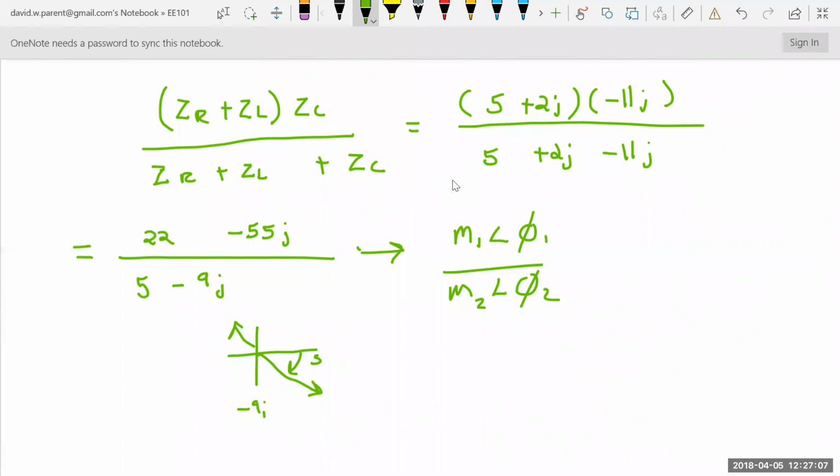So the first magnitude, 22 squared plus 55 squared. Okay, we'll do the next one.